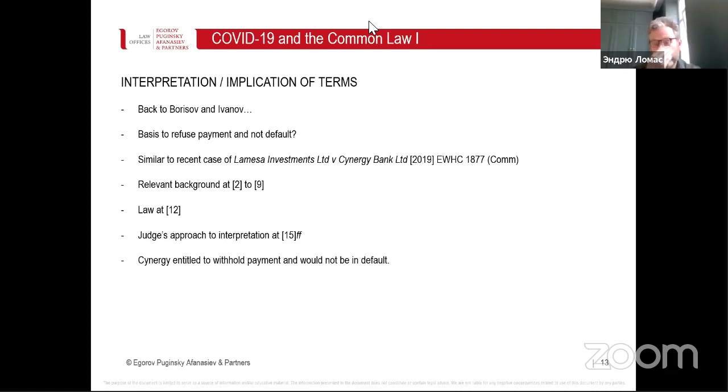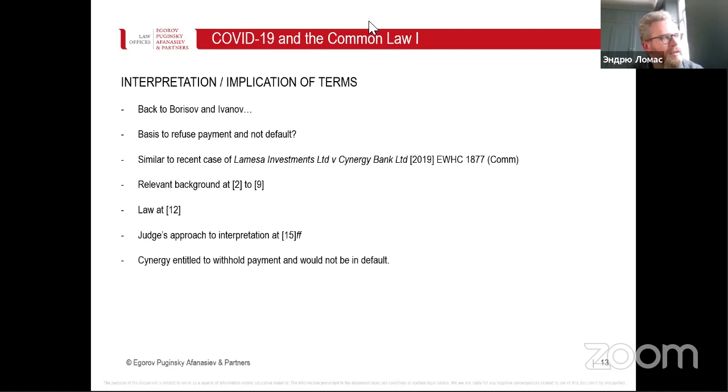So there was a loan from Lomas to Synergy, and there was a clause very similar to the one in the agreement between Borisov and Ivanov that essentially said, well, there won't be a default in circumstances where Synergy in not paying is doing so to comply with a mandatory provision of law.